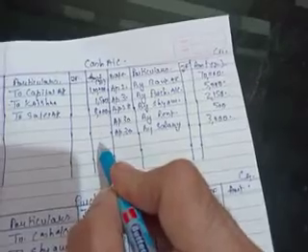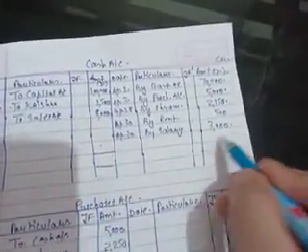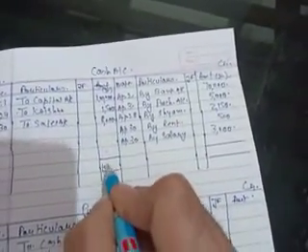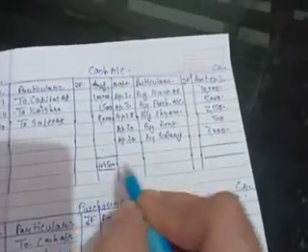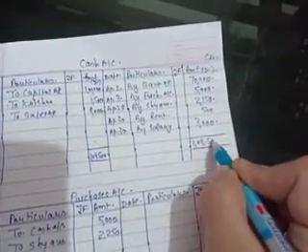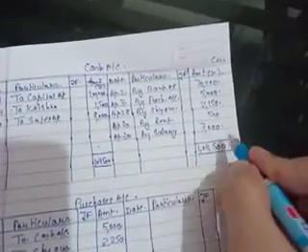So this side has the higher total. We will put the higher total on both the sides. Here the total is 1,09,500. We will put the same total here, 1,09,500. Is it clear?